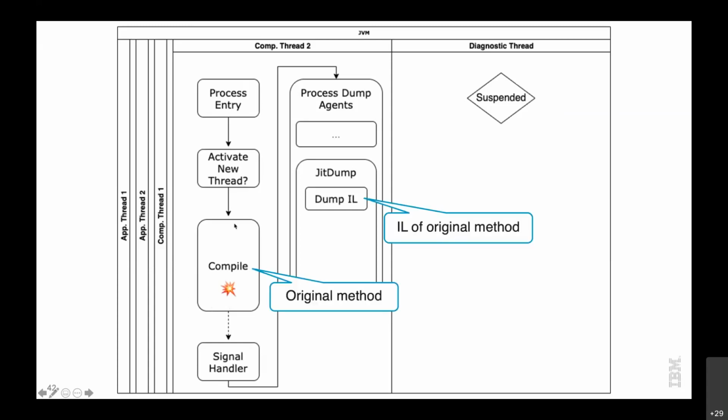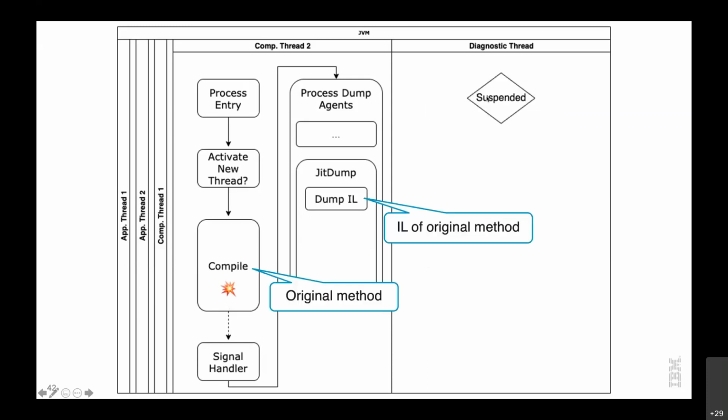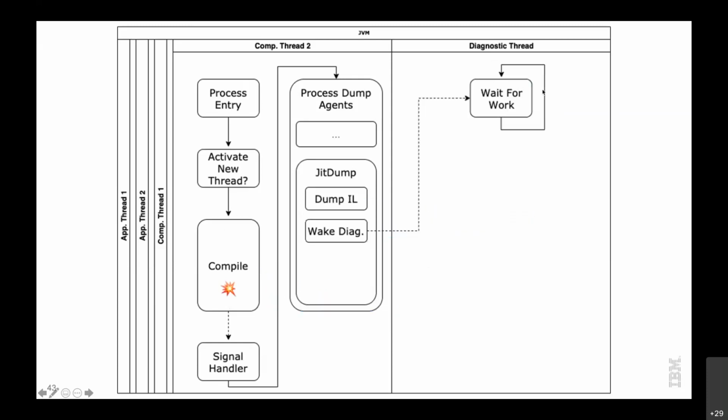Then it wakes up the diagnostic thread, which is just another thread that was previously in a suspended state. We send an asynchronous signal to wake this thread up, and it begins waiting for work. Then the JitDump mechanism queues a synchronous compile. Remember, application threads queue asynchronous compiles. With a synchronous compile, this compilation thread is going to block, waiting for this compile to finish. So this diagnostic thread is just waiting for work.